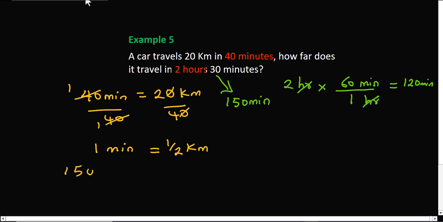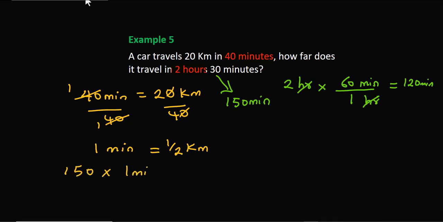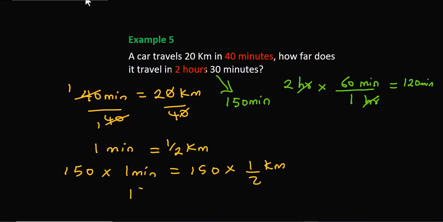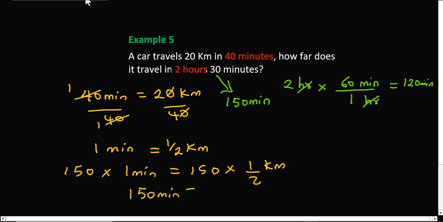So 150 multiplied by 1 minute is equal to 150 multiplied by 1 over 2 km. So 150 minutes is equal to 150 divided by 2 gives us 75 km. So it simply means that in 150 minutes, this car can travel 75 km, and that's our final answer.